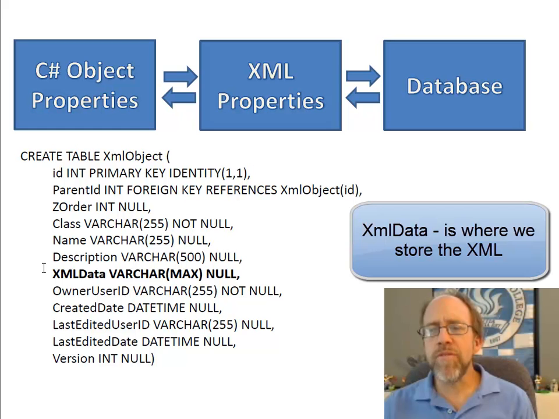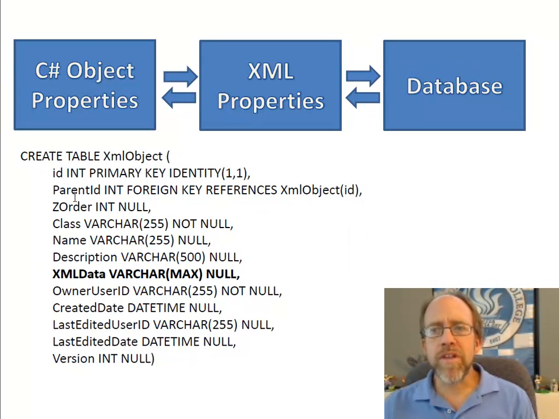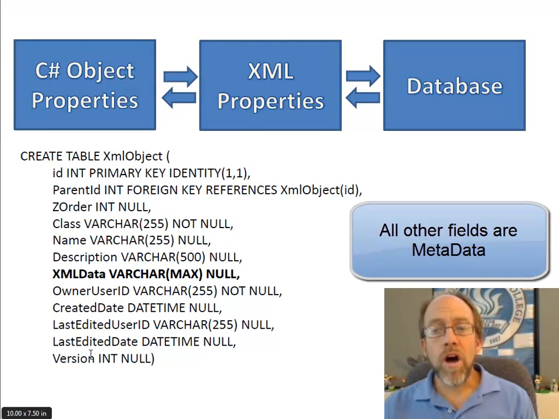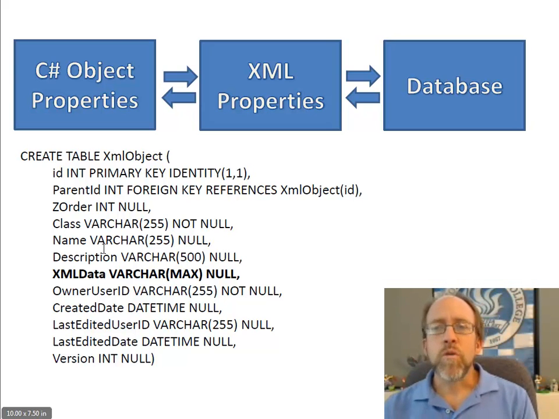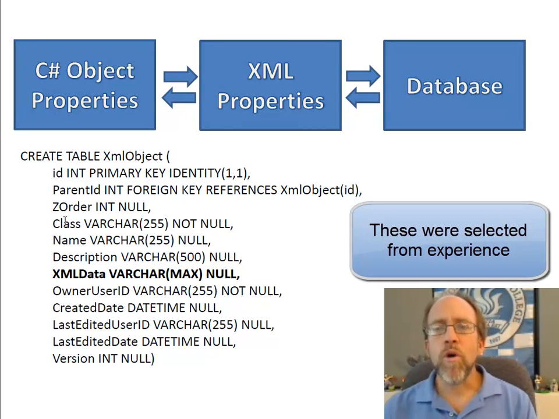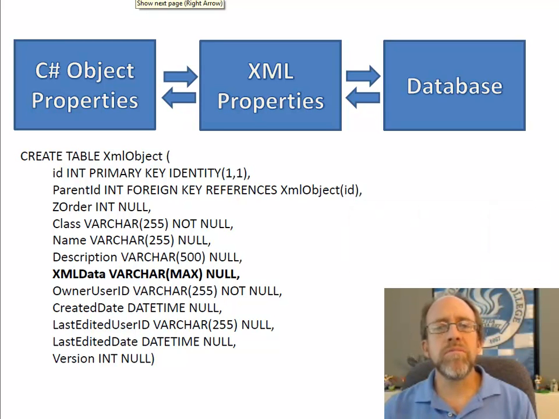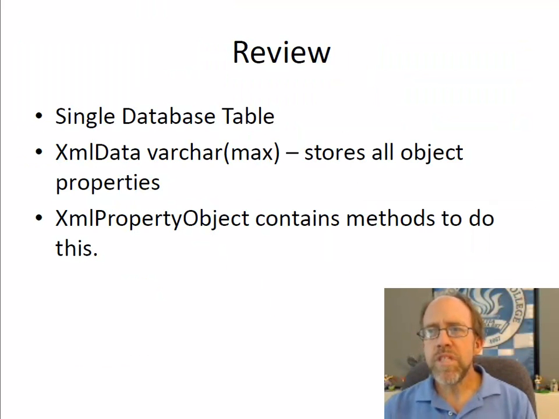If you've seen the previous lectures, you know that these other fields are all simply metadata fields that allow me to find objects relatively quickly. Things like their ID, because every object has an ID, I can quickly get it, but I can also pull it back by name or by class name or other features of the object. But those are metadata features.